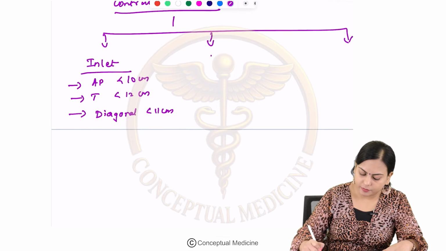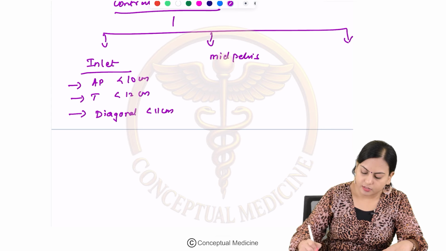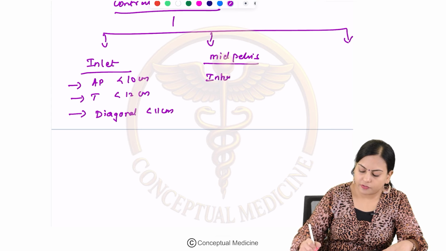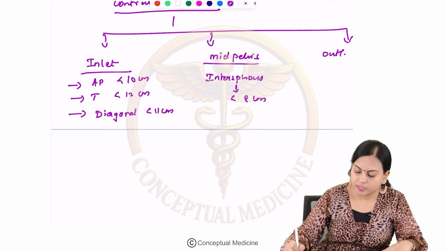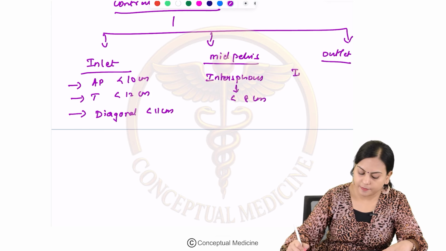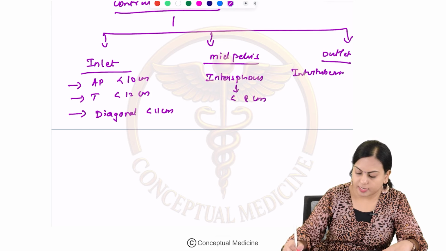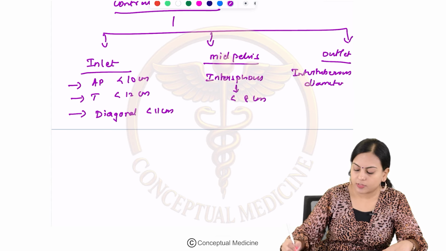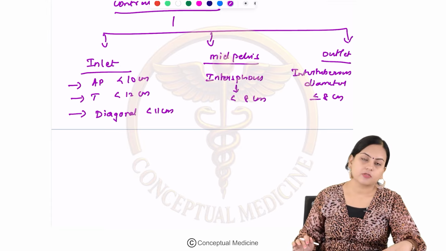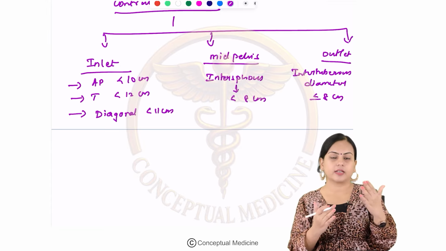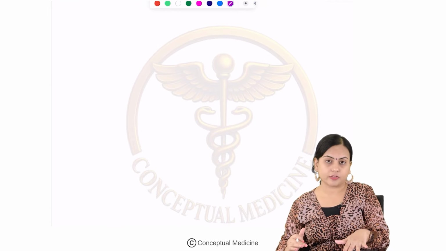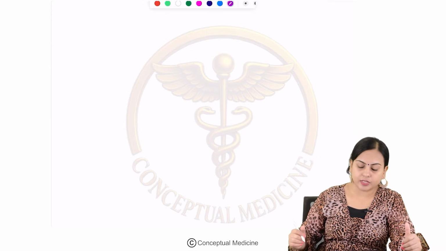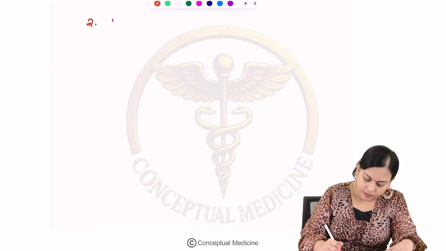And in the midpelvis, the interspinous distance is going to be less than 8 centimeters, and at the outlet we have a similar diameter, namely the intertuberous diameter, which will also be less than or equal to 8 centimeters. So, if there is reduction in the diameters at various levels, namely the inlet, midpelvis or outlet, then it is going to be called a contracted pelvis. Clear?